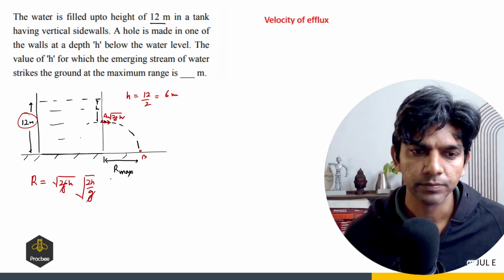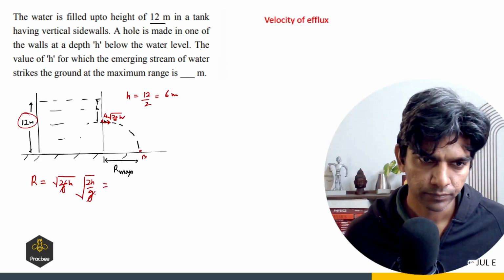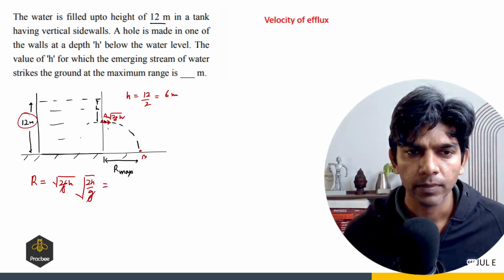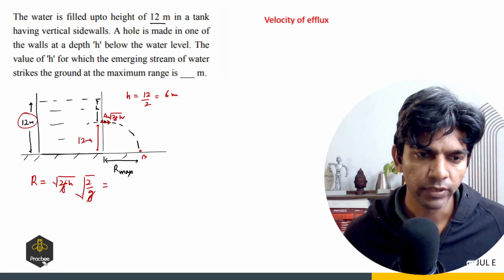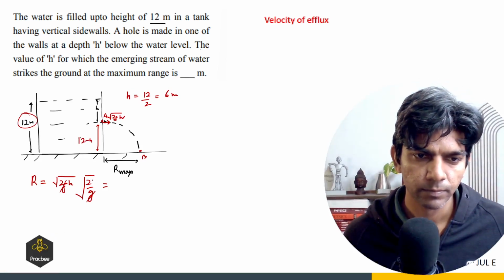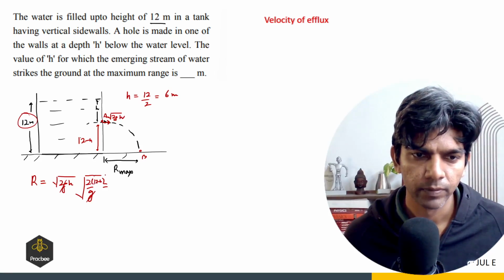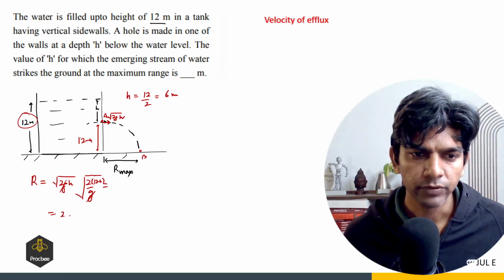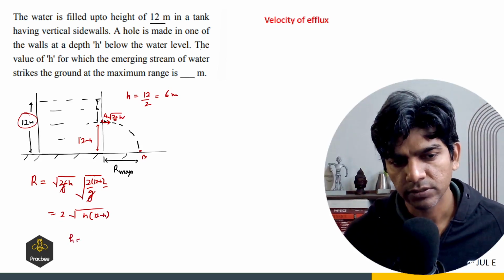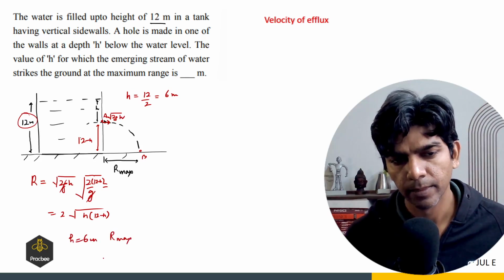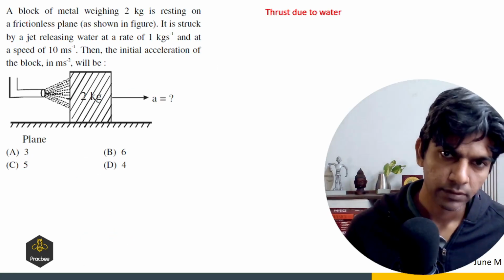Now this height will be 12 minus h, so it will be root of 2 times (12 minus h) by g. So we are getting 2 times root of h times (12 minus h), and when you use maxima and minima, you will get h as 6. For h equals 6 meter, R is maximum, right? So the answer will be 6.